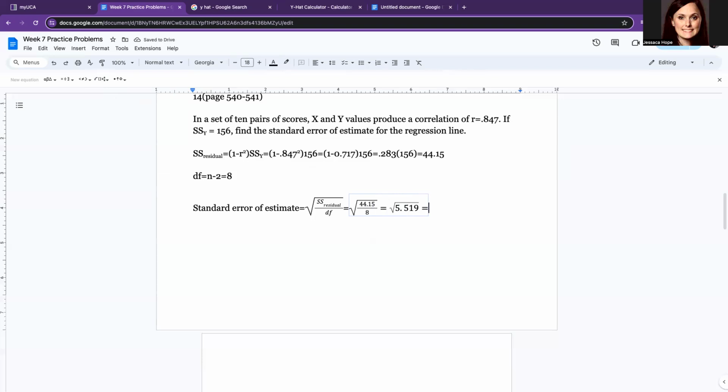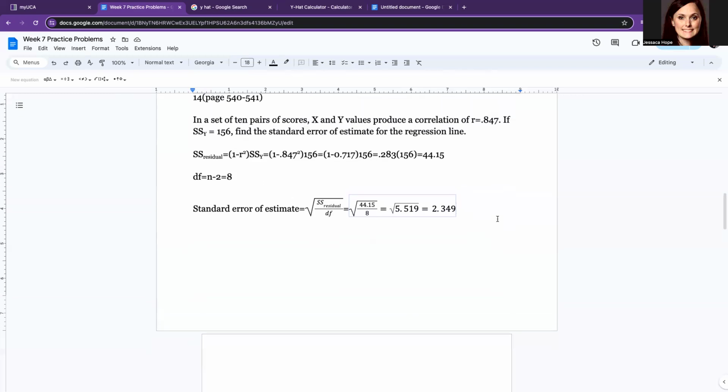The square root of 5.519 is 2.349. And then there you have the standard error of estimate for the regression line. It's 2.349.